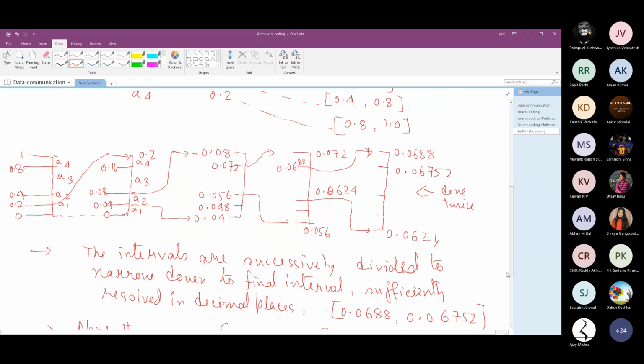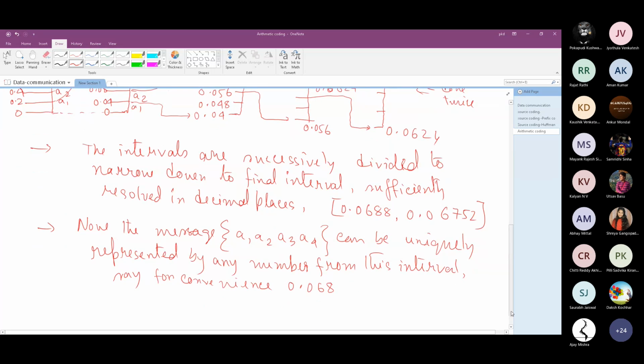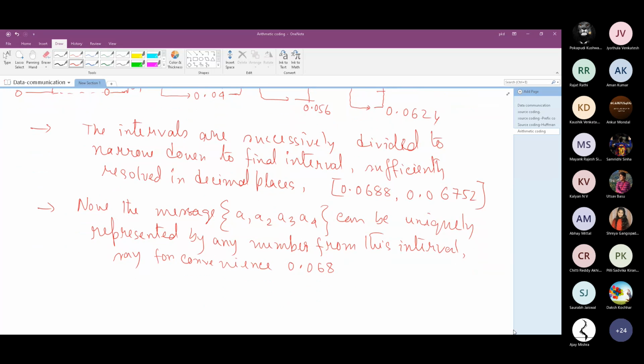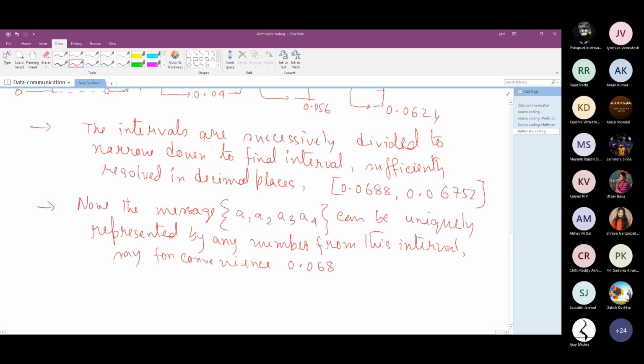So in the interval we can choose any number, barring the case where there is no such number in this interval. Here it starts from 0.0688 and ends at 0.0752.